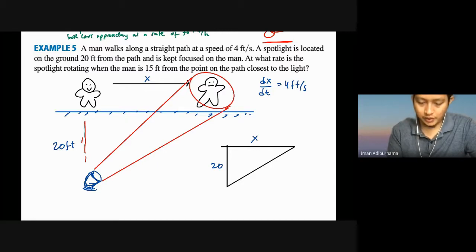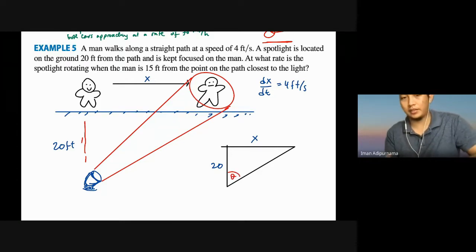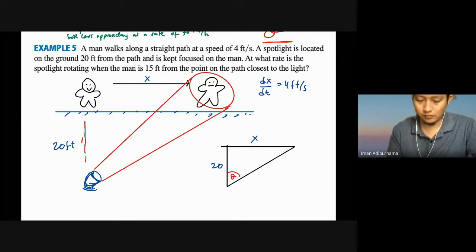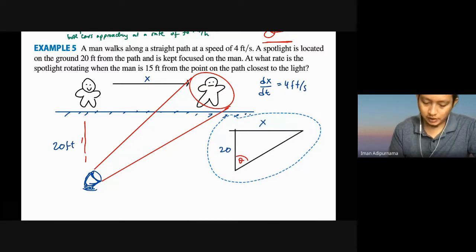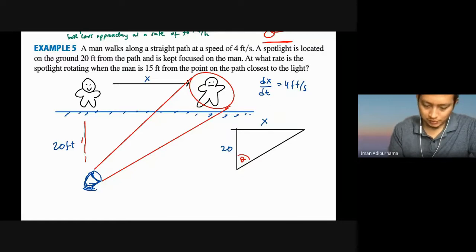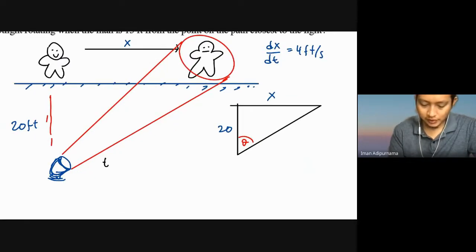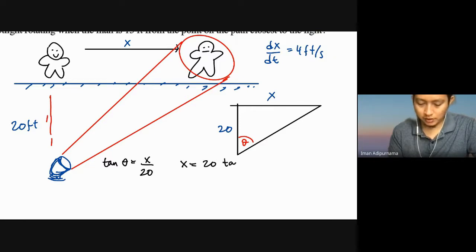If we take this angle as theta, we can make a correlation between these three terms. We can take tangent theta as x over 20, and we can make it x equals 20 tangent theta, right?